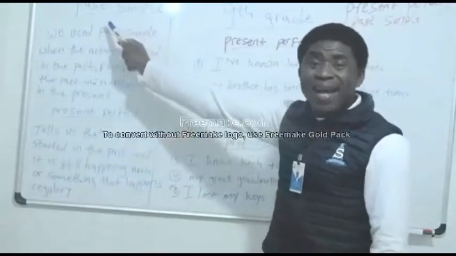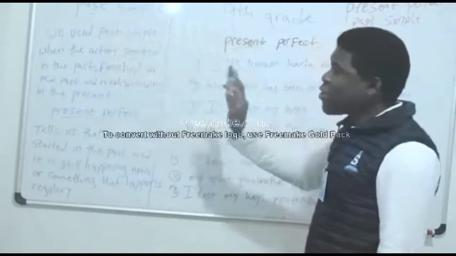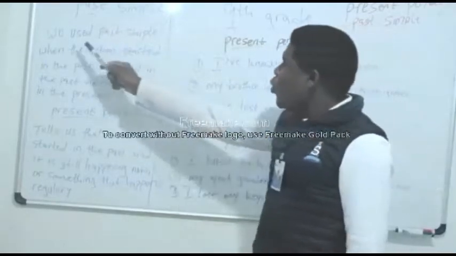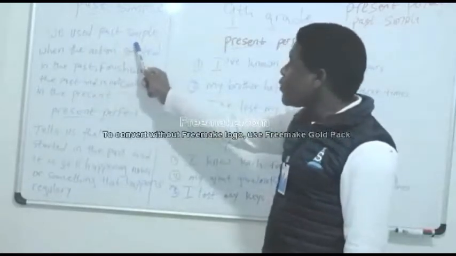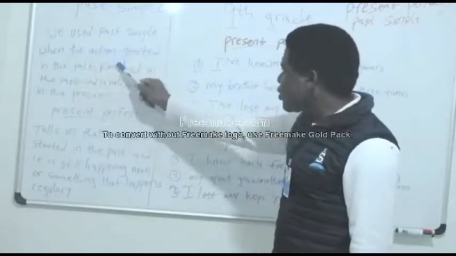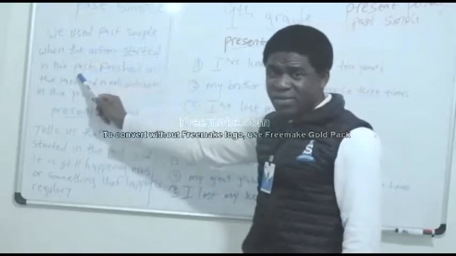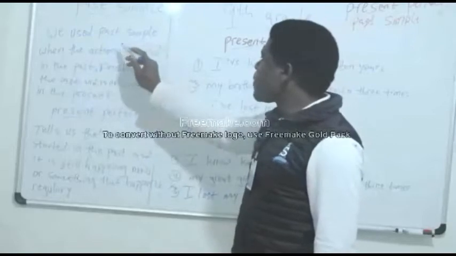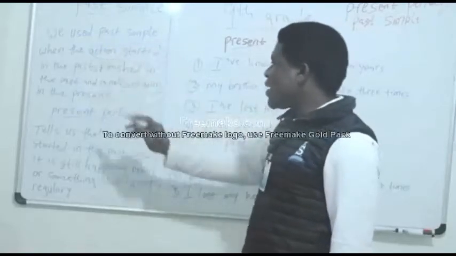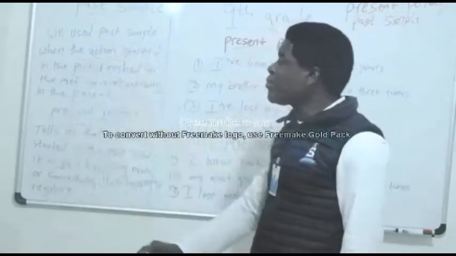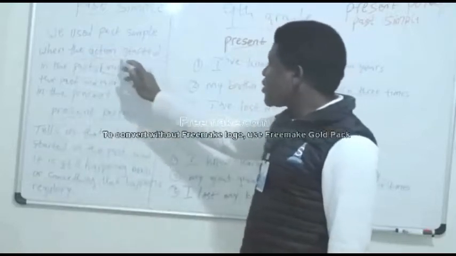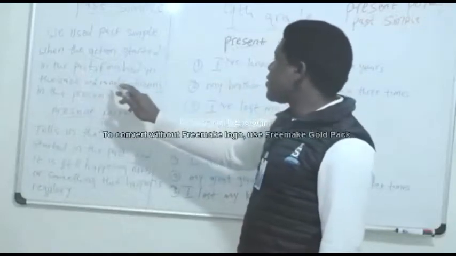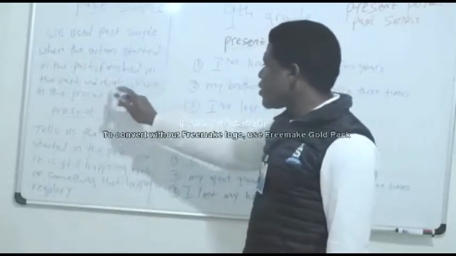When we talk about past simple, first of all, what comes to your mind is this. We use past simple when the action started in the past. This is the key word. When the action started in the past, it finished in the past and is not continuing in the present.